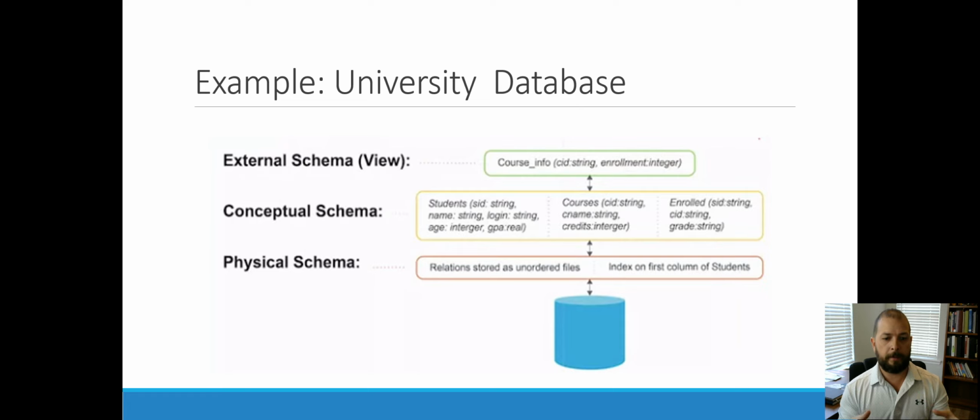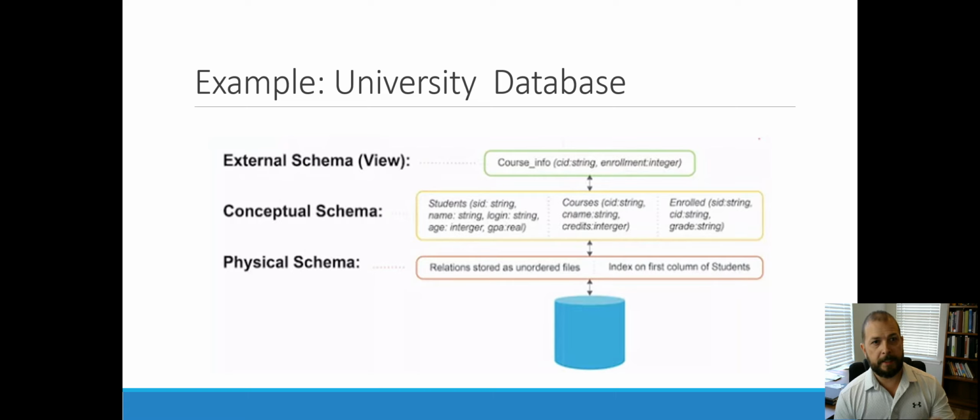So these are stored on a physical database somewhere, on a disk, some hardware storage, and they're being sorted through some student ID. That's what the index is. It's indexed on the first column of the students, and that's how you're going to access that particular physical information.